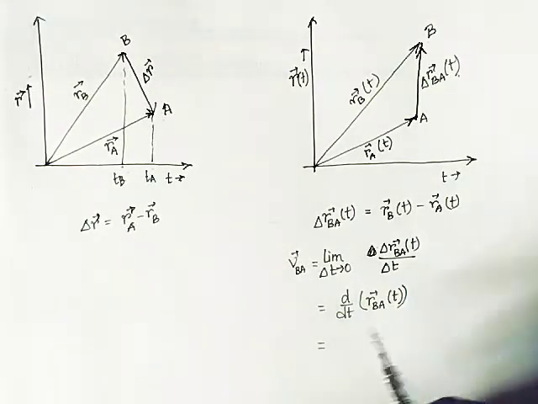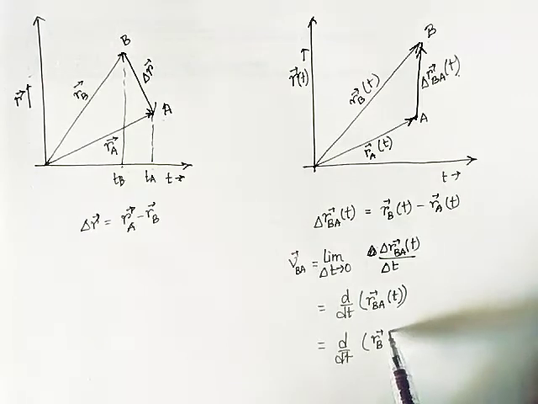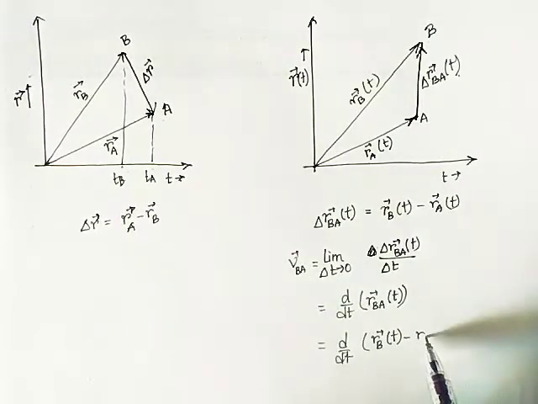So d/dt of RBA as a function of t equals RB(t) minus RA(t).